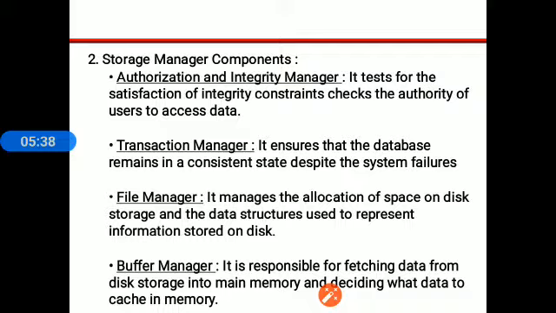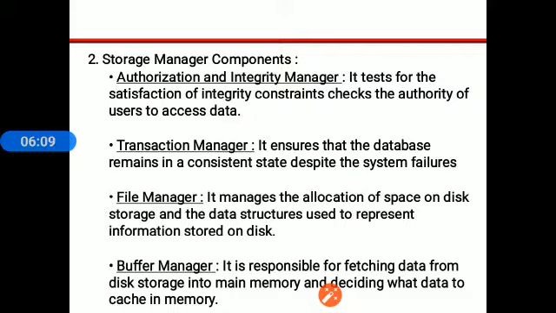Another block is transaction manager. It ensures the database remains in a consistent state despite the system failures. That we have already seen in the features or advantages of database management system, atomicity, that if due to electrical or power failure it may happen that transaction may fail, but transaction manager checks whether the transaction is fulfilled or not.